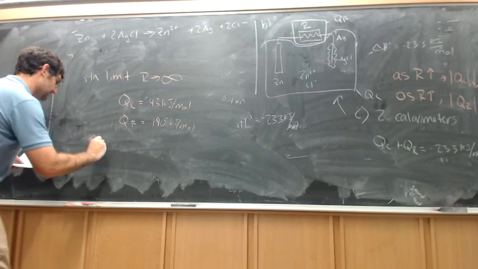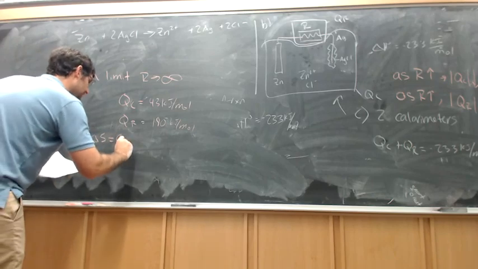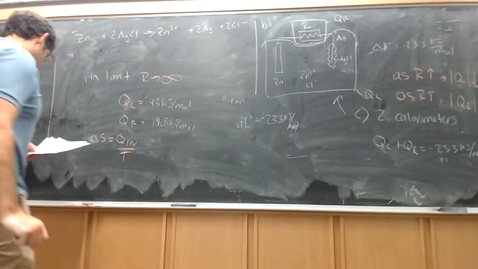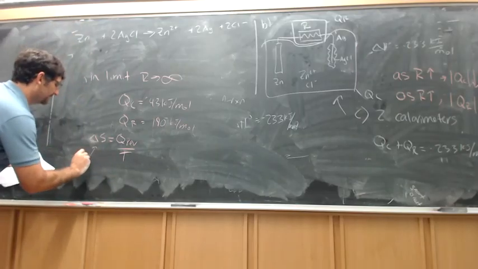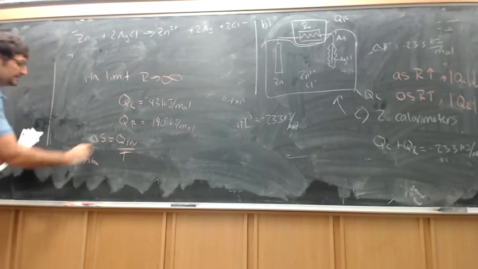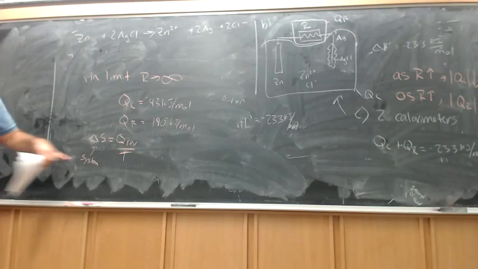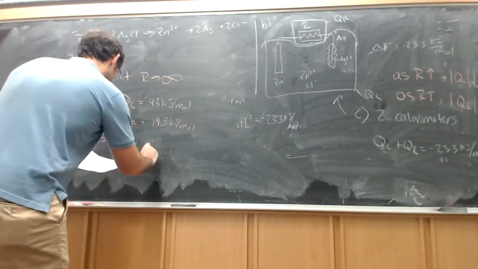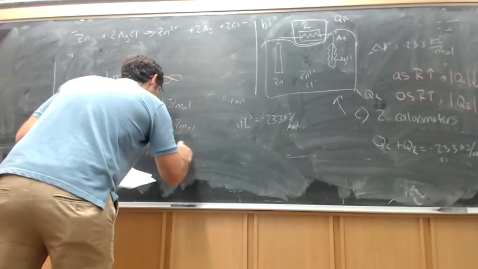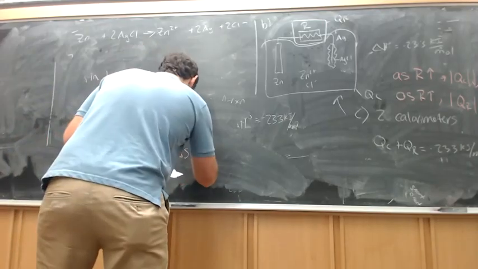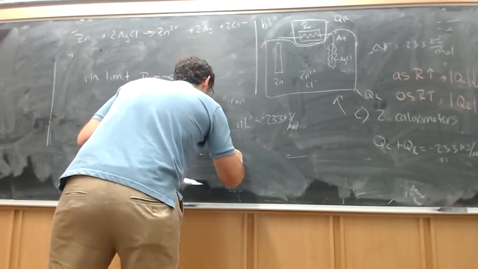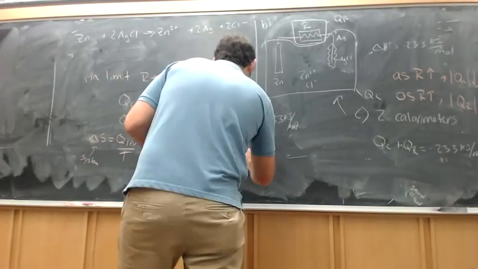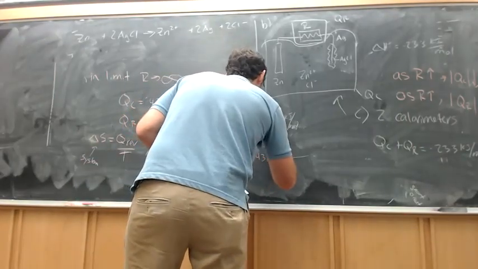So delta S, let's do this quickly, equals Q reversible over T in the system. The change in entropy of the system is going to be the reversible heat divided by T. And T delta S naught equals the limit of QC as R goes to infinity, and that equals negative 43 kilojoules per mole.